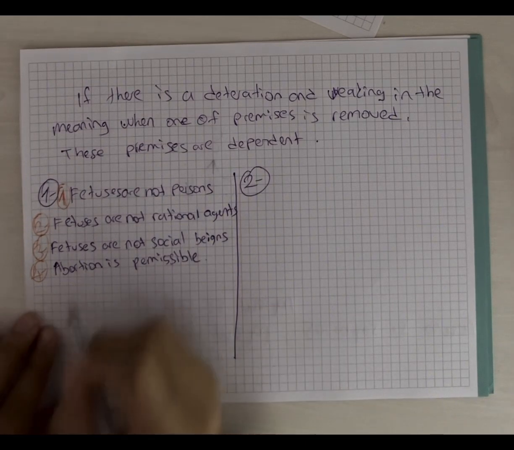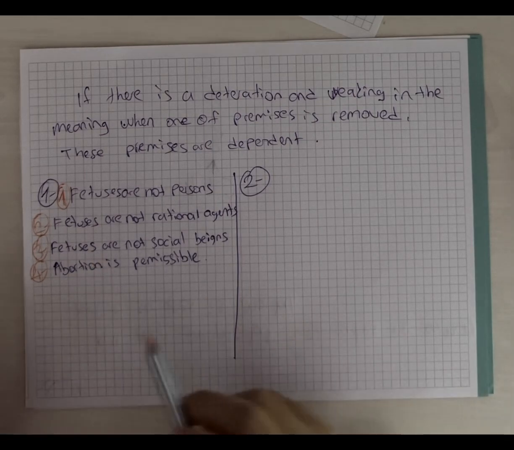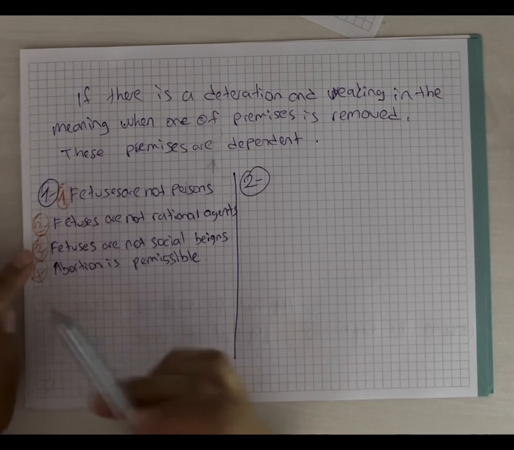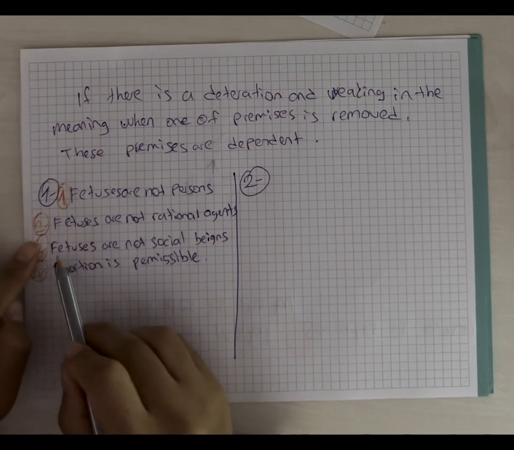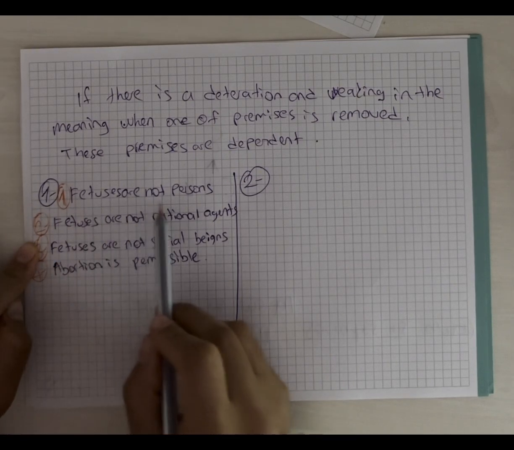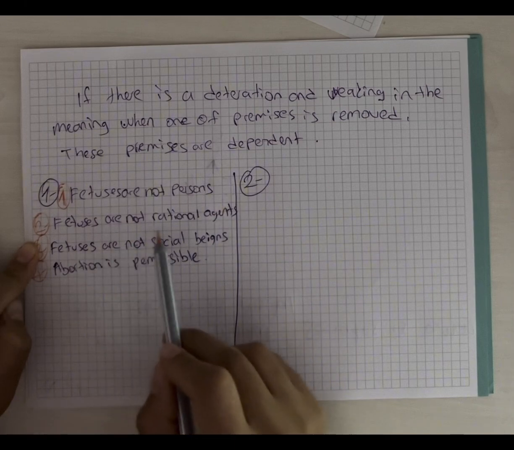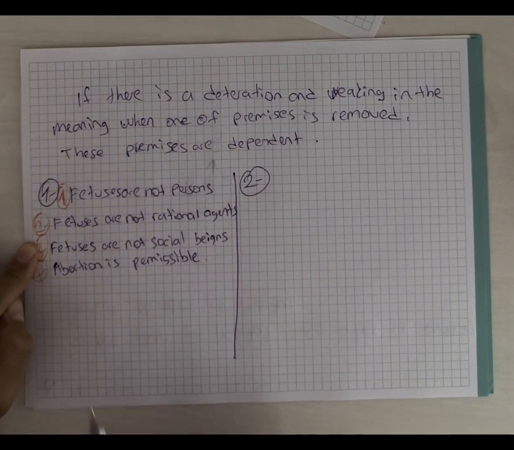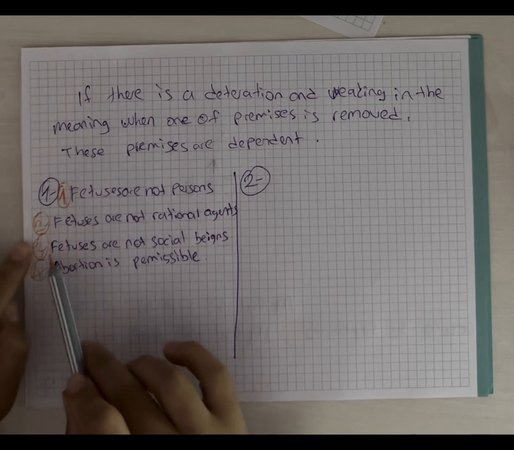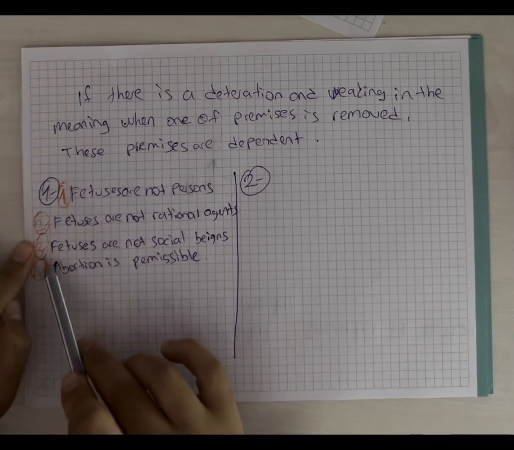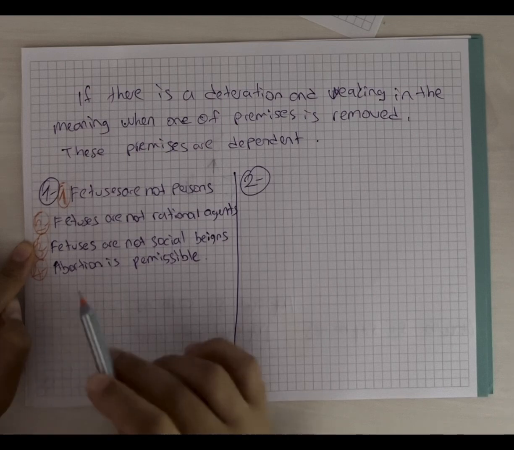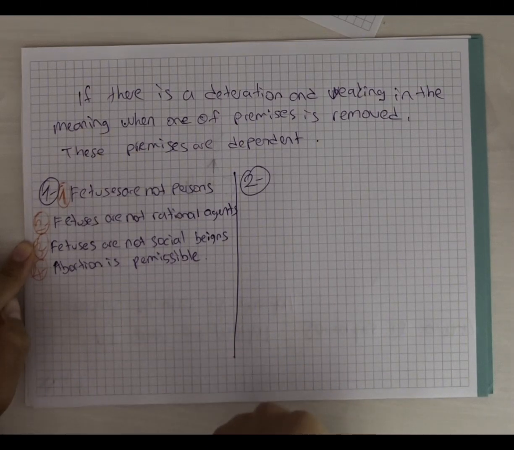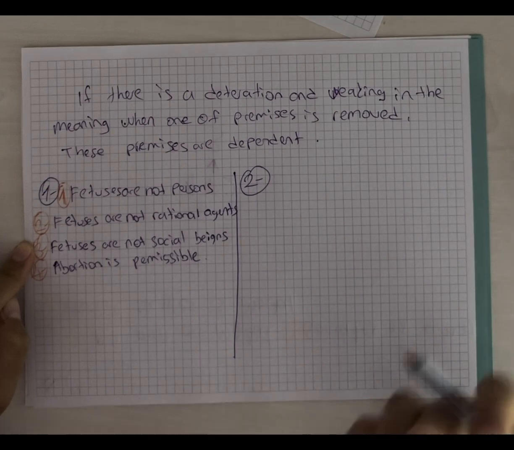Let's try it. For example, we remove the third premise. Fetuses are not persons. Fetuses are not rational agents. Abortion is permissible. When we remove this premise, there is no mistake in the meaning.